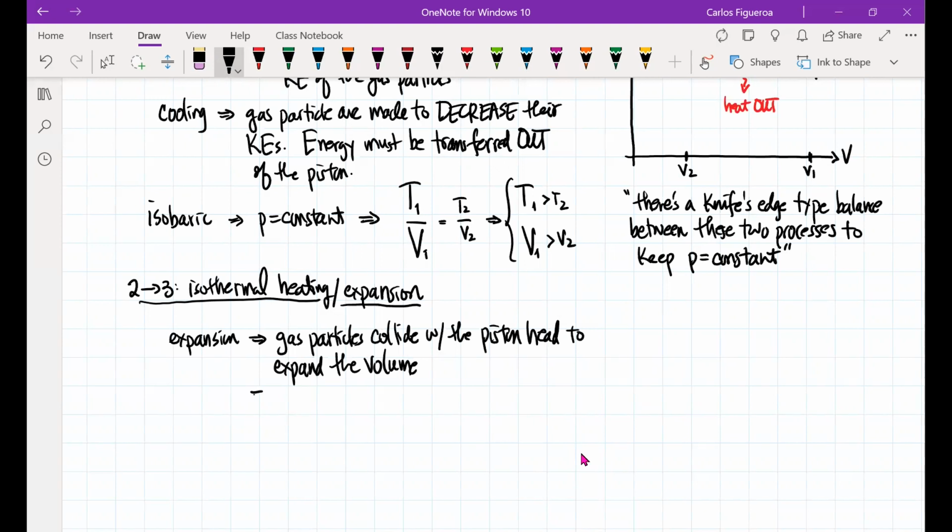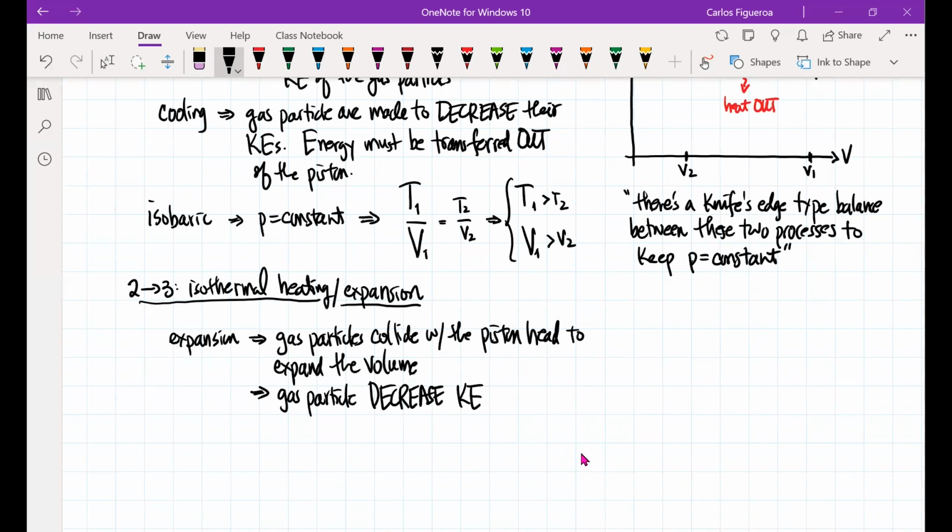And what that really tells us here is that the gas particles decrease, because they got to give up the energy to the piston head, they decrease kinetic energy. So they're losing energy.